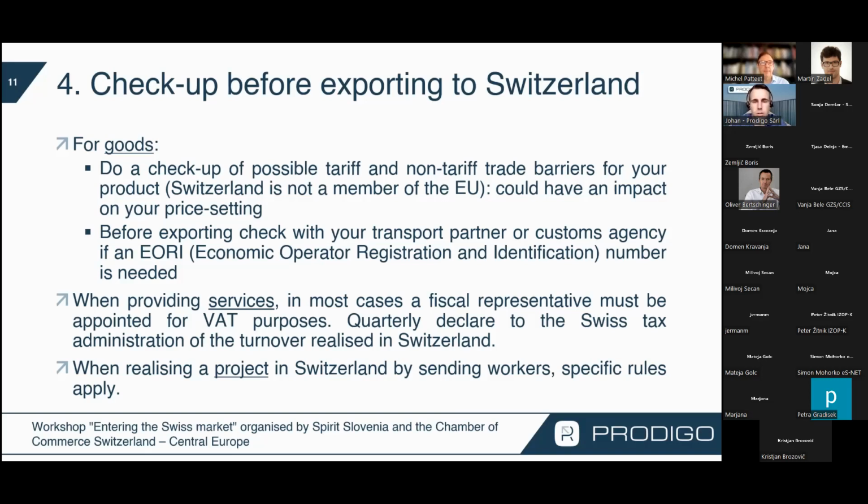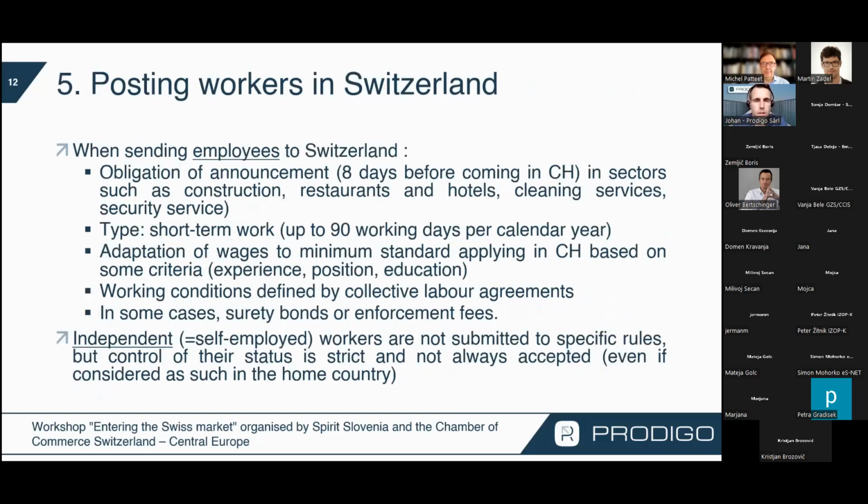Related to the realization of a project in Switzerland, if you have to send workers in the country, specific rules apply, and that's what we will see in the next section: how to post workers in Switzerland. So indeed, as Switzerland is not part of the EU, it imposes strict requirements on foreign companies for posting workers in Switzerland.